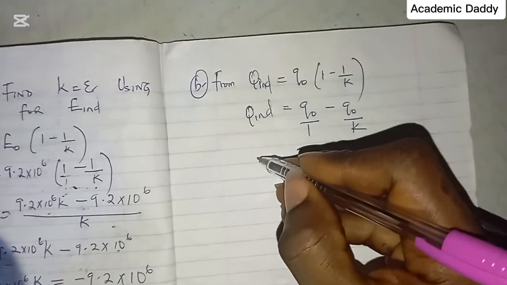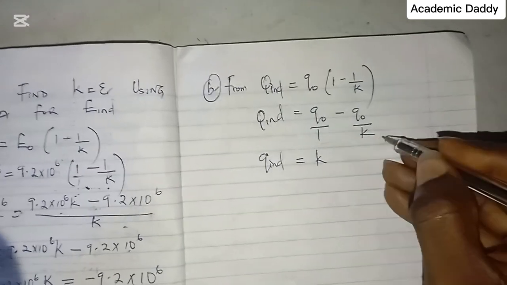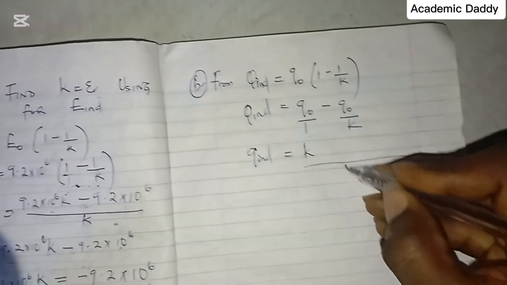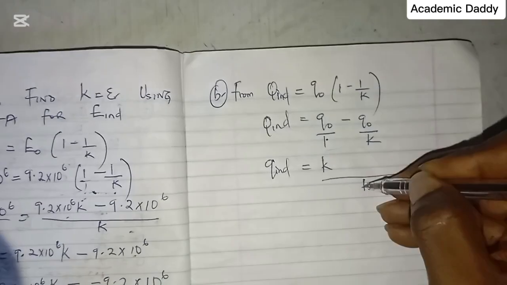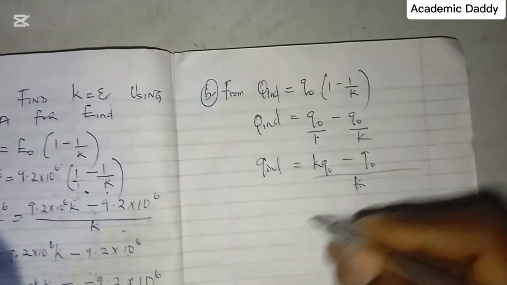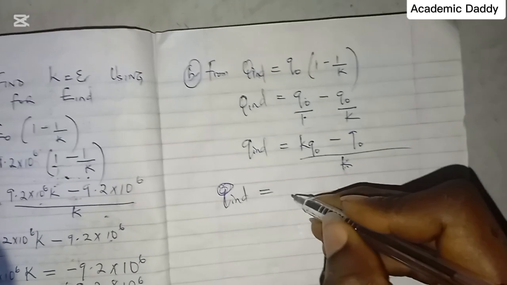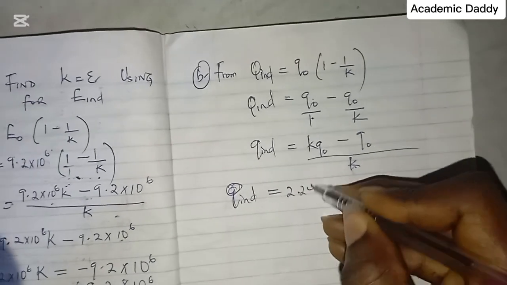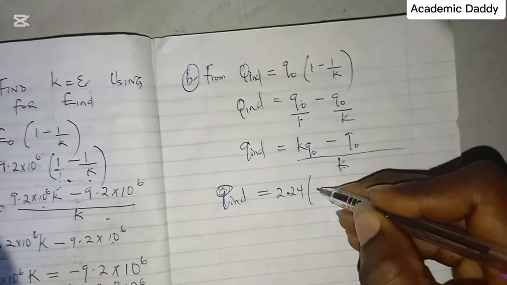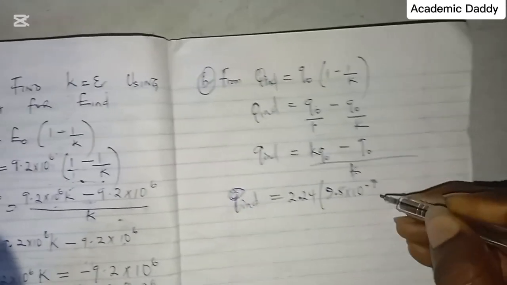So if you do LCM, you see that Q induced is equals to, taking LCM, K into this Q naught minus K into this 1 Q naught. So Q induced, I can use this, I can use small letter, whichever, is now going to be equals to, K is 2.24 from the question. Then the Q naught, the initial charge we are given, if you remember, is 9.8. Look at the question, times 10 raised to the power minus 7.